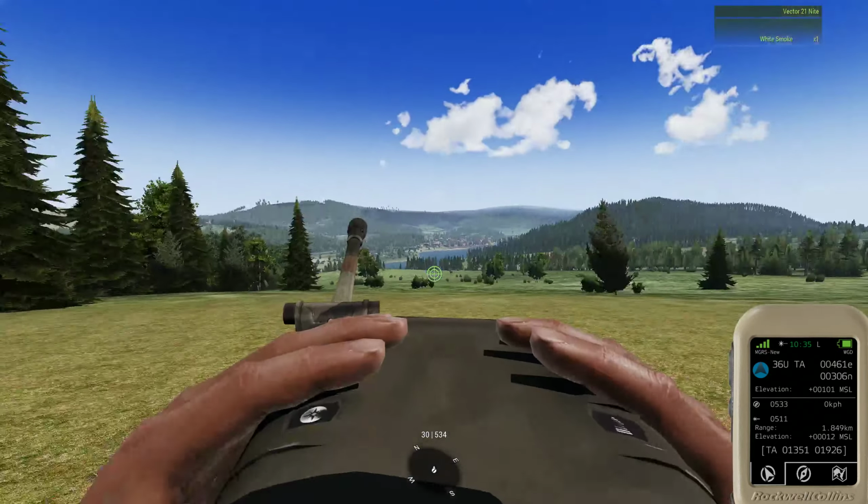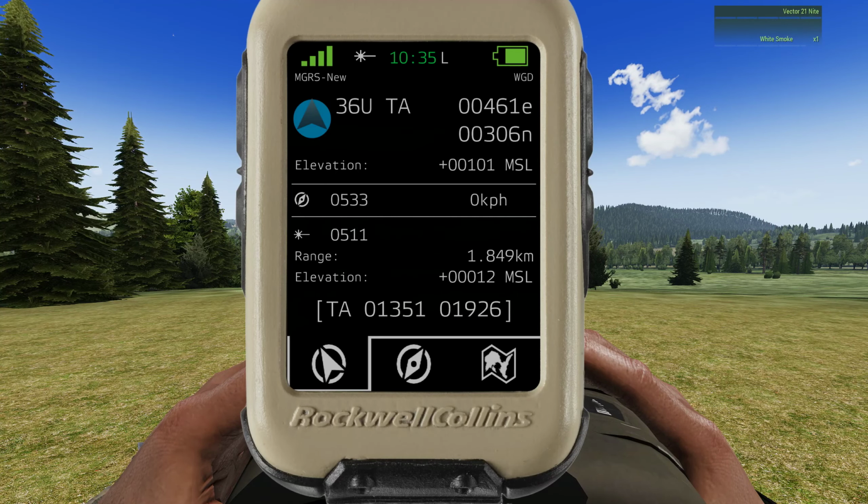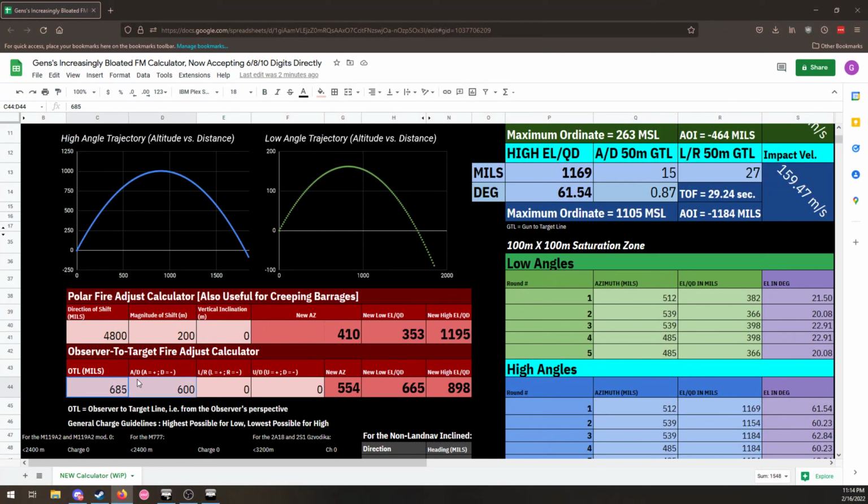So something else you can do is you can see the calculator below that is in terms of observer to target. So what does observer to target mean?